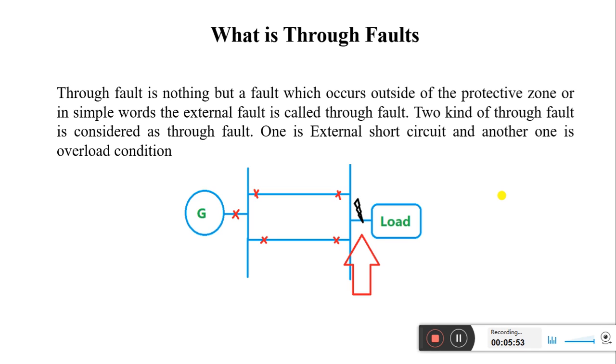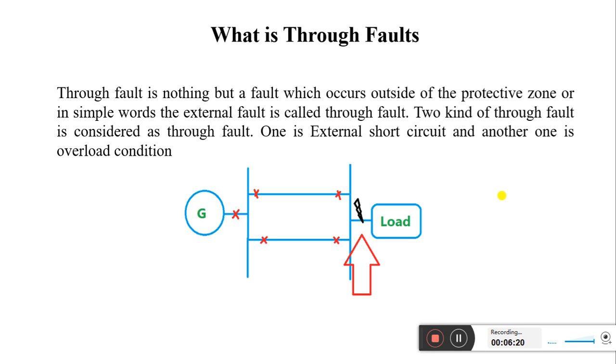If a fault happens within the protected zone, then the relay operates and that fault can be isolated from the system. But if a fault occurs outside the protected zone, then that is called an external fault. In the case of a transformer, these types of faults are defined as through faults.